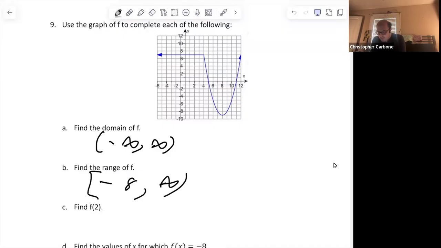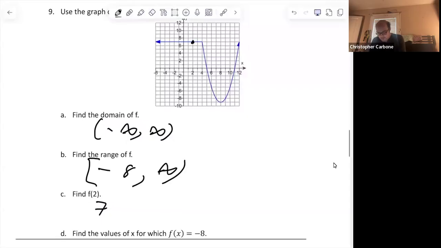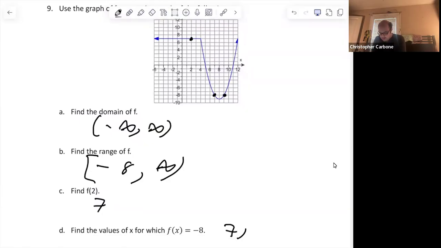F of 2, the function value at 2 is going to be, it's not there. There, it should be a value of 7. The values of x for f of x equal to negative 8: negative 8 will be there and there, so that should be 7 and 9 in our case.